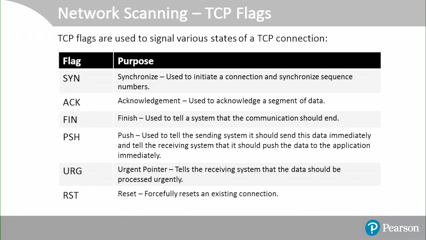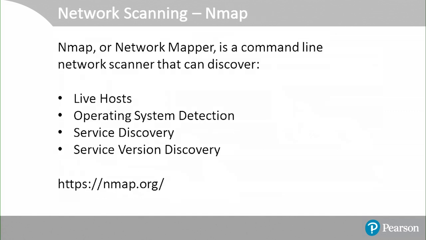This is for a system to tell the other host that it's done. Like, I'm done with you, I'm not going to talk to you anymore. Next up is push. Push tells the receiving system to send this data immediately up the stack. Similarly, urgent does the same thing. So fin is, we've had a nice conversation, I'll see you later, and reset is, get out of my face, I'm done with you. Okay?